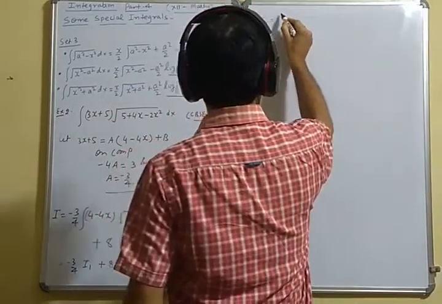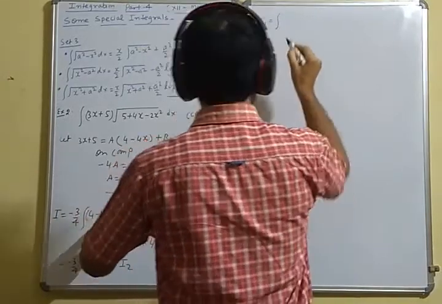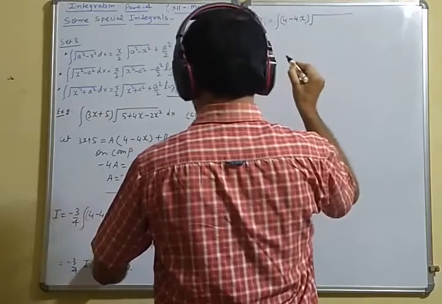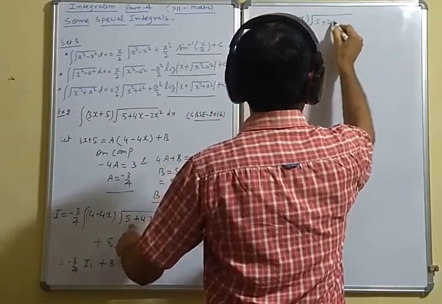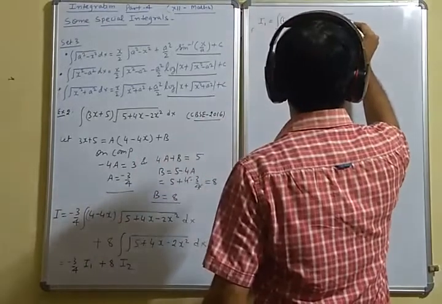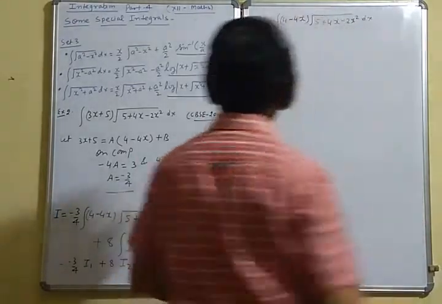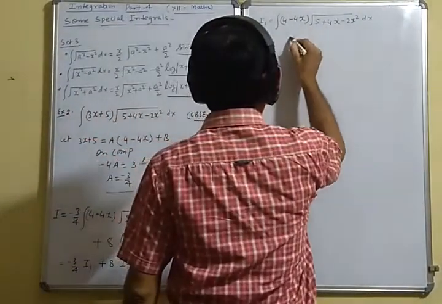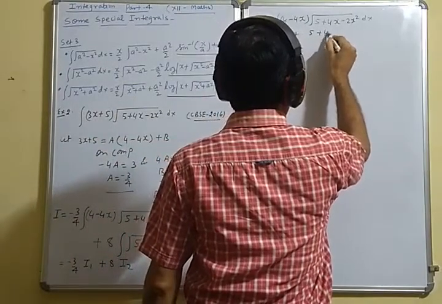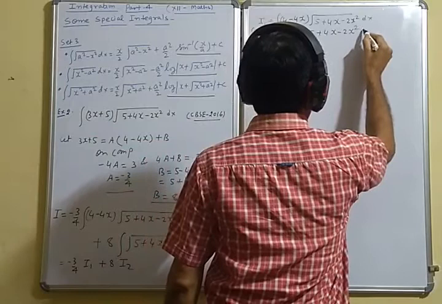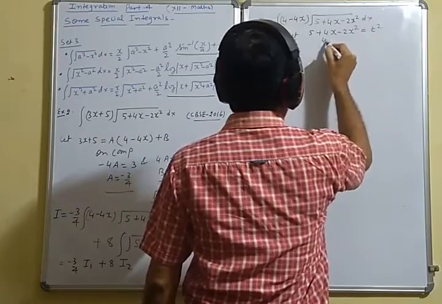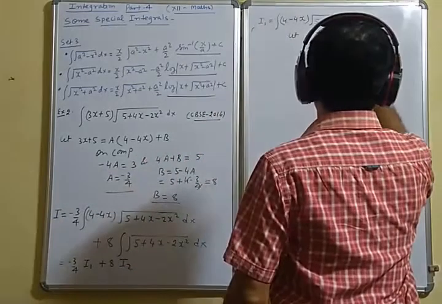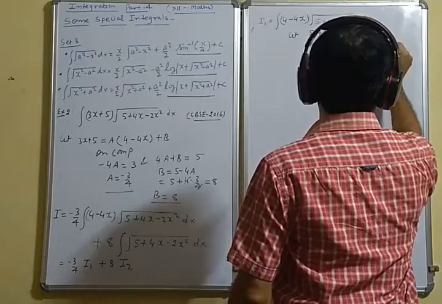I1 is equal to integration of 4 minus 4x into under root 5 plus 4x minus 2x square dx. Let us assume this as t square. Let 5 plus 4x minus 2x square is equal to t square. So on differentiation, 4 minus 4x dx is equal to 2t dt.